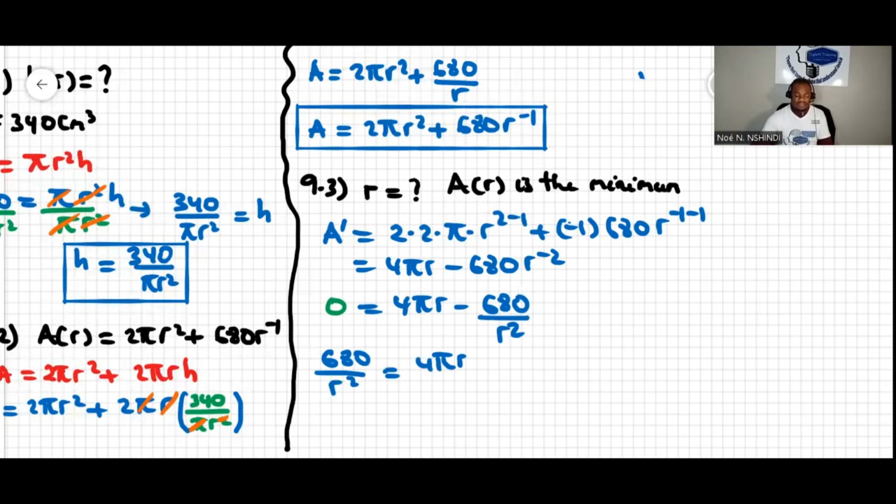Then understand that 4 pi r has a denominator of 1. We can cross multiply, and then this will be 4 pi r cubed equal to 680. Now we can divide both sides by 4 pi.